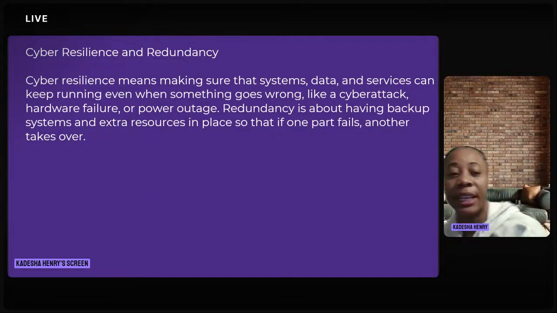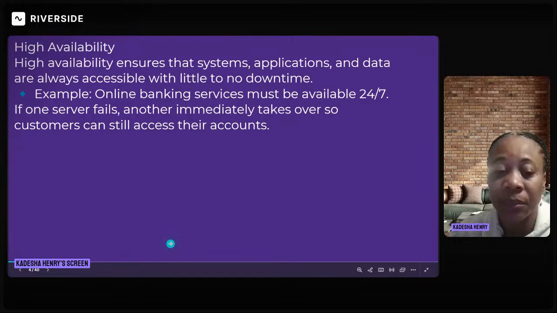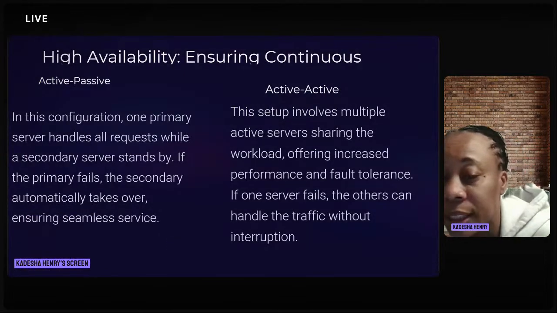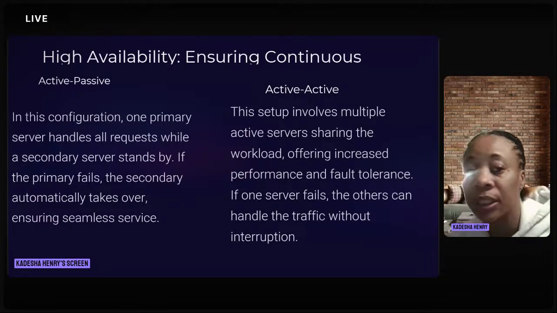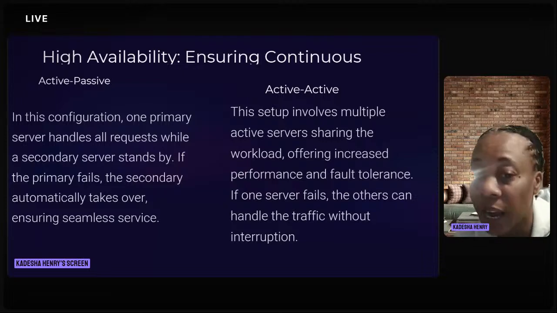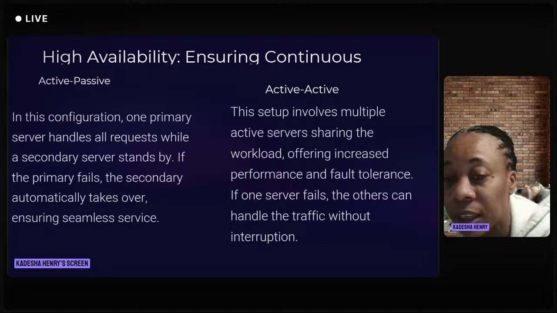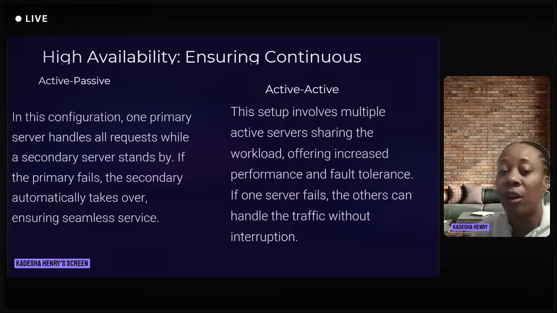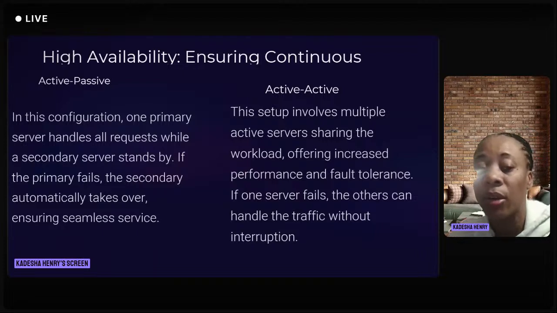So cyber resilience, we looked at that. We said we don't want the system to fail. And we look at high availability. So we're going to continue looking at high availability, ensuring continuous service. So we have the active-passive. In this configuration, one primary server handles all the requests while a secondary server stands by.